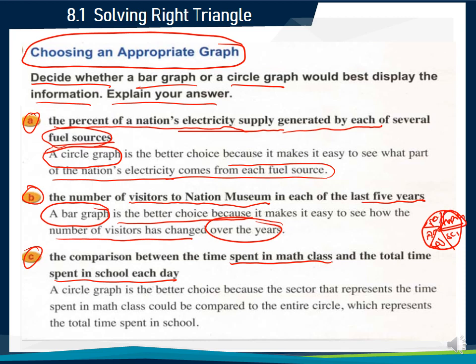So we are going to show one sector of the total. This is not related to over time. So in here we are going to use a circle graph. It is better to choose because a sector of the circle that represents the time spent in math class could be compared to the entire circle, which represents the total time. Okay, this is how we can choose the circle graph or the bar graph.